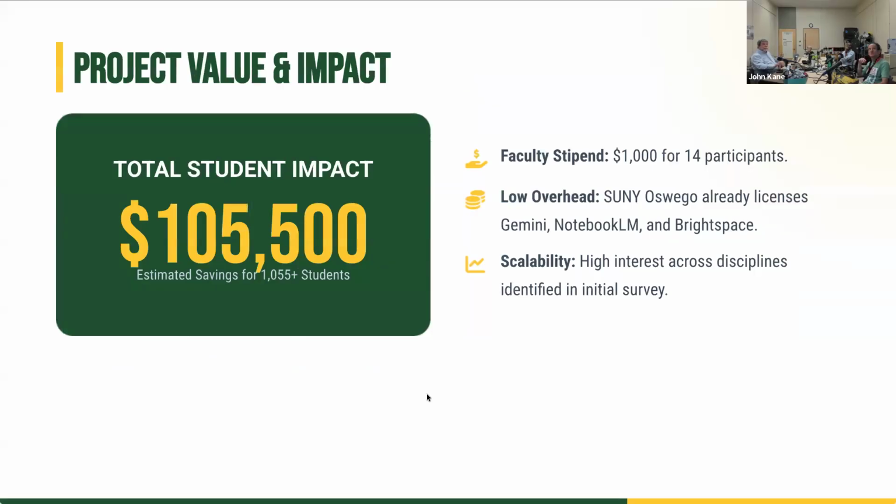One of the things we had to include was the estimated impact. Based on the people who expressed an interest when we did the initial survey, it was very tentative, but we looked at the number of students who were potentially affected, and there were 1,055 students from the 12 or 13 people who had expressed an interest in it.